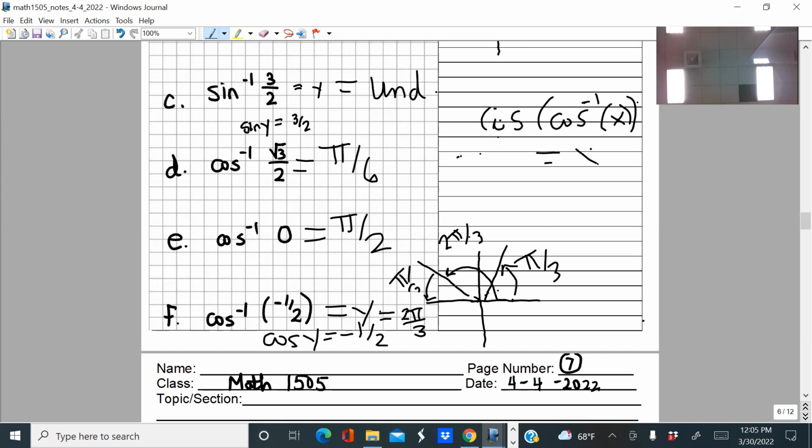Almost X. Right, yeah, okay, right. When you compose a function with its inverse, remember they cancel each other, right? And you'll just get X. So that property is also true for inverse trig functions. And we're going to make great use of that property in helping us solve equations. Okay, certain types of equations.